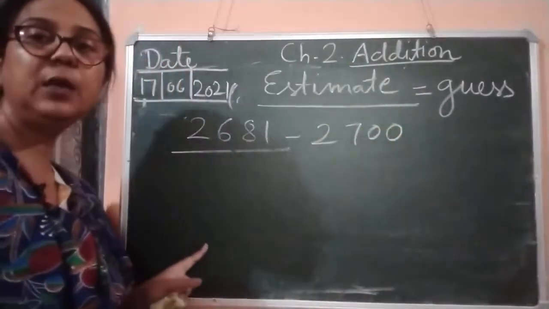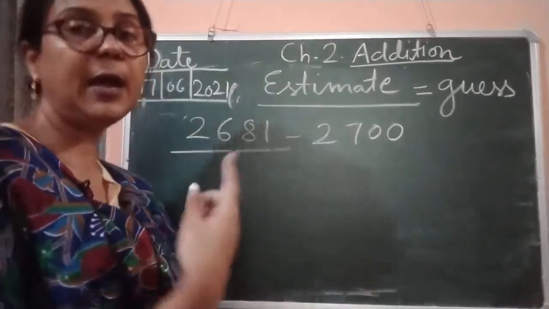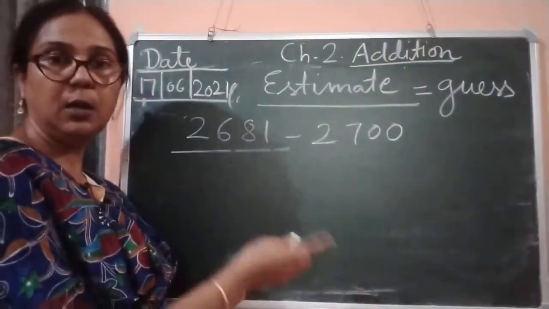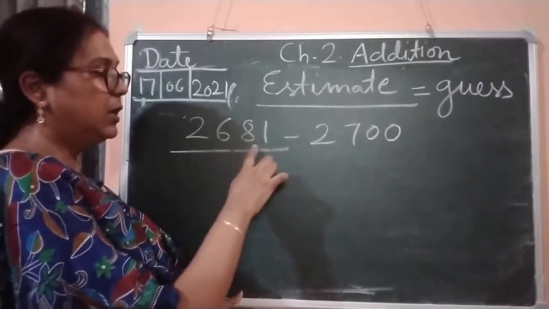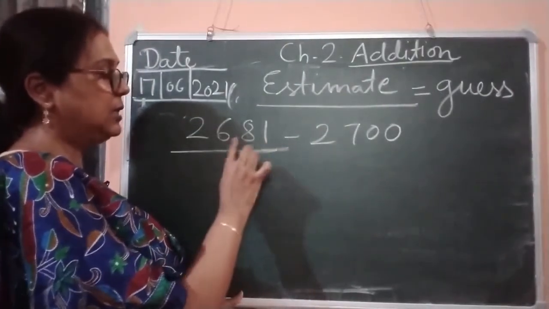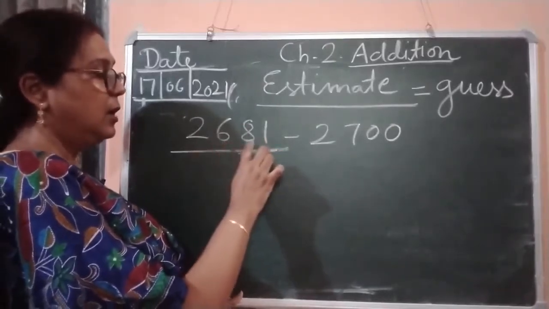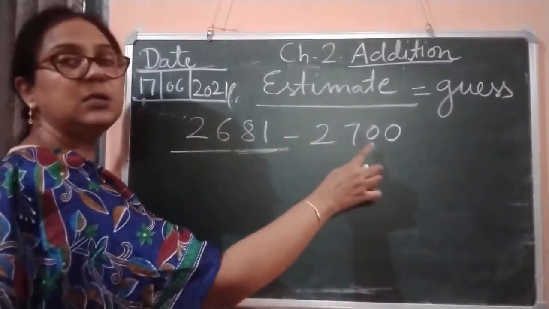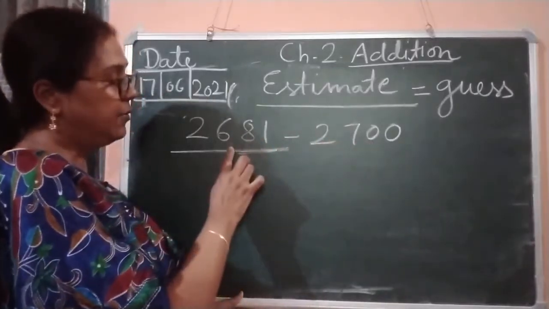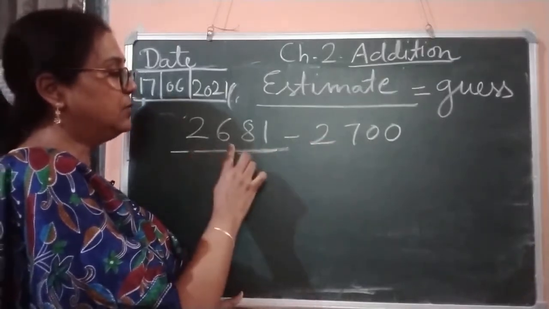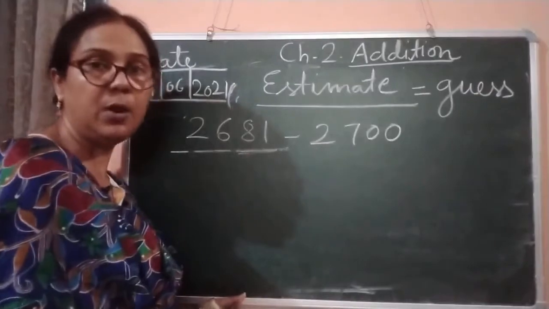So that is how we can say this is rounding. Rounding the number, we are writing the numbers in the round figure. Here it is near to 700, so 2700. That is why we have written 2681 as 2700. So this is called rounding.